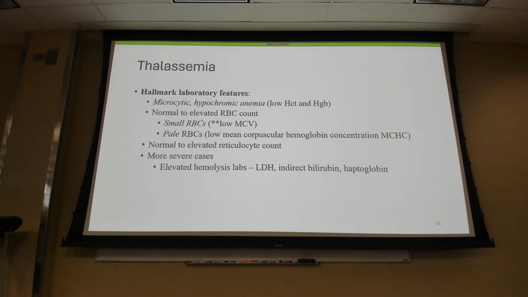So if I just say, hey, you have an Asian female, her hemoglobin came back low, what's the first thing you're thinking? Iron, right? Because with iron deficiency, I got a microcytic anemia, my number one is iron.